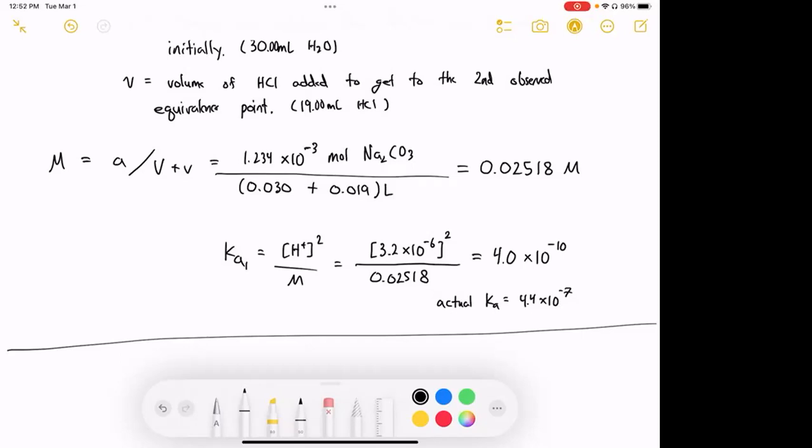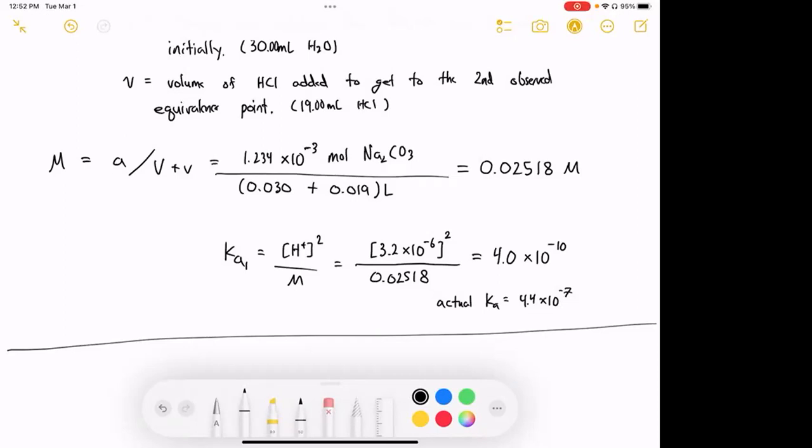But how we got there is we rearranged. We know that both equilibrium expressions have similar terms in both, so we use that to rearrange and solve for Ka1. If you look at page 67, that's exactly what it does.